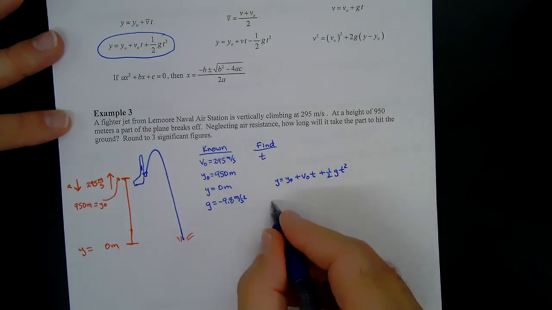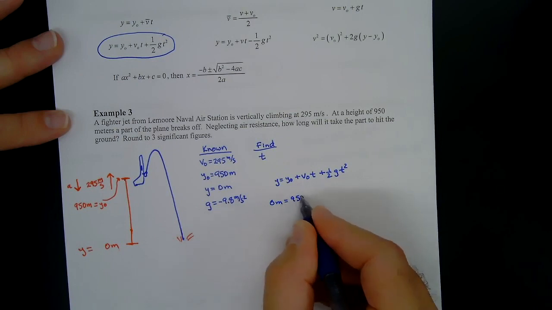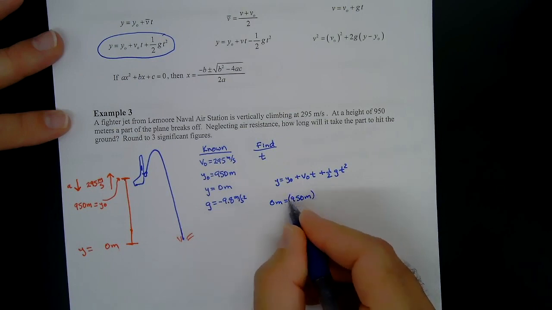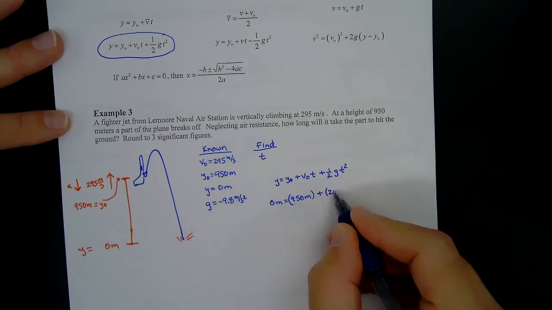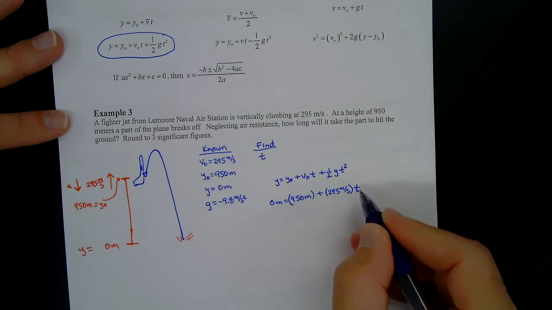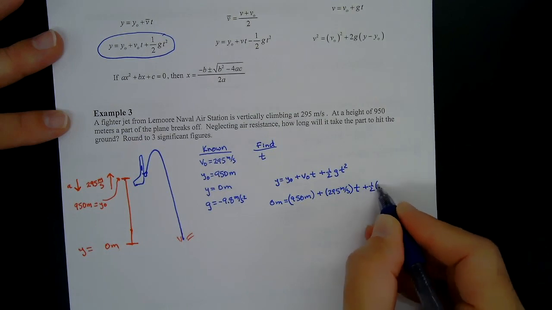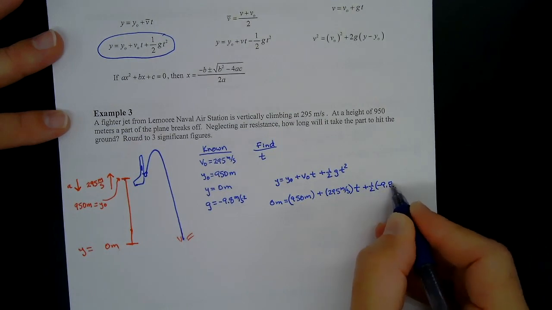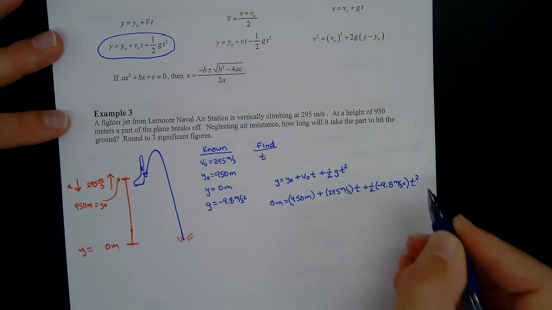Plugging everything in, I have 0 meters is equal to 950 meters. I'm going to put parentheses around that because there's other stuff involved. Plus 295 meters per second times T, and then plus 1/2 times negative 9.8 meters per second squared times t squared.